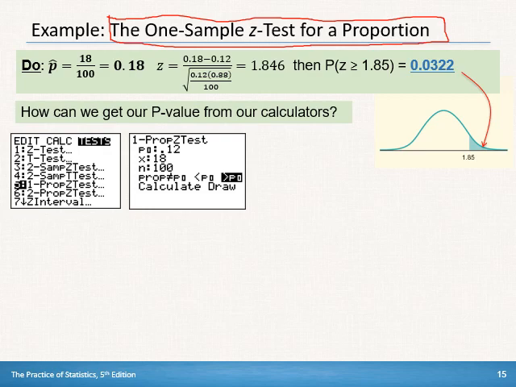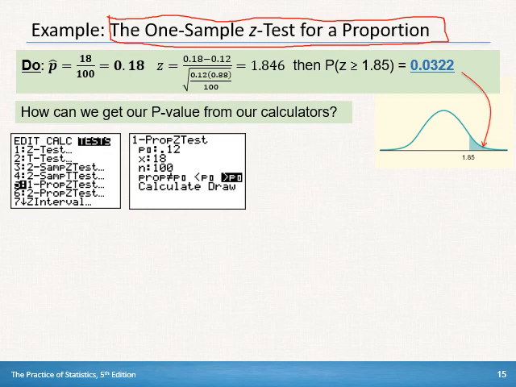And once we choose that, this screen pops up, asking us for some stuff. It's asking us for the hypothesized p-value, 12%. It asks us not for p hat, but for x, the number of successes in our sample, and the sample size.